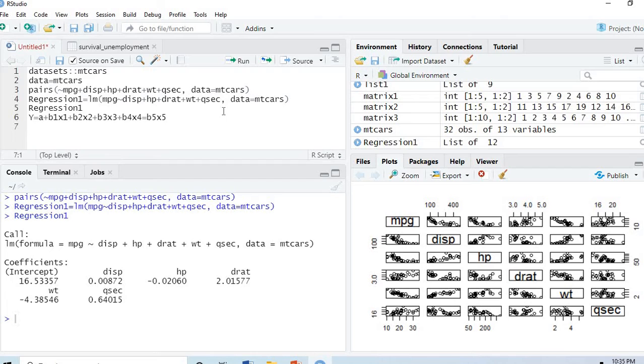Now let's see, y equals MPG. So MPG equals the value of the constant. What is the value of the constant? The value of the constant is 16.53. Now plus 0.008, this is the value for DISP. Now HP is negative, so I'm using the negative sign. This is minus 0.02 times HP.